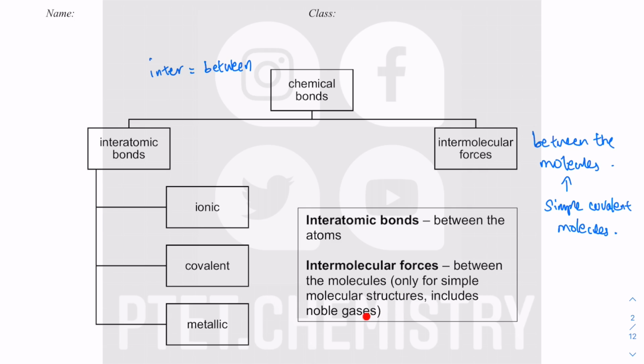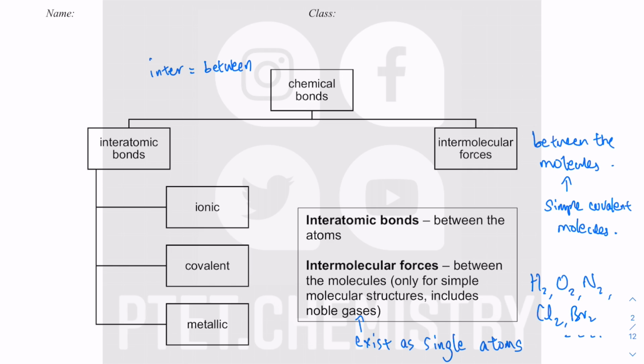So the structure is simple molecular structure, and these are simple covalent molecules. These include noble gases which exist as single atoms. If you look back to your elements, compounds and mixtures exercise, some elements like noble gases just like to exist as single atoms, whereas other molecules such as hydrogen, oxygen, nitrogen, chlorine, bromine, etc. like to exist as diatomic, meaning two-atom molecules, but the atoms are the same, therefore these are also elements.